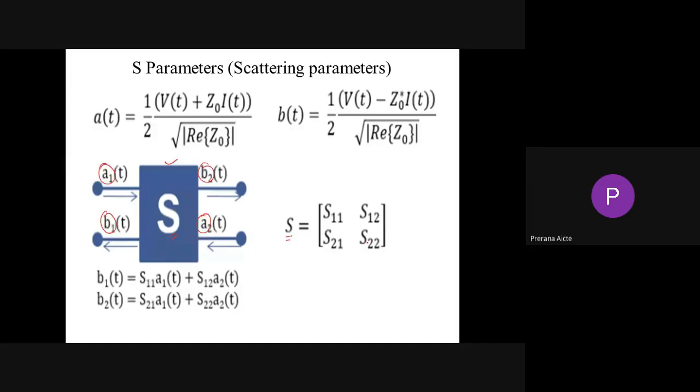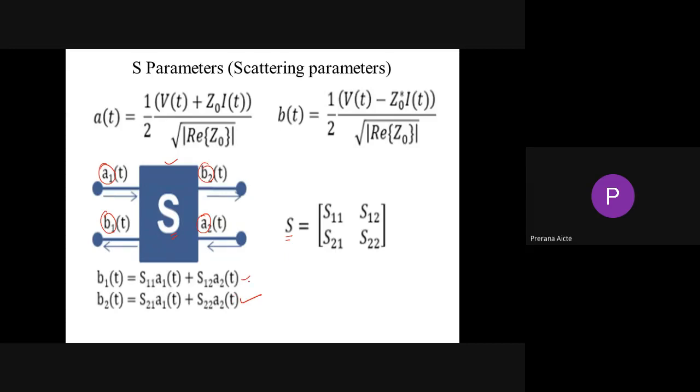S is the S box, which is S11, S12, S21, and S22. The same network can be represented mathematically as B1(t) equals S11 A1(t) plus S12 A2(t), and B2(t) equals S21 A1(t) plus S22 A2(t).